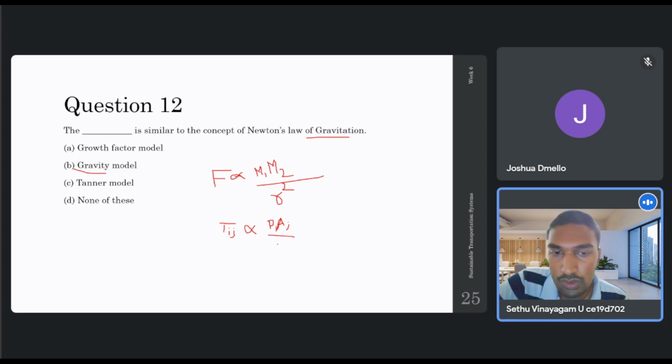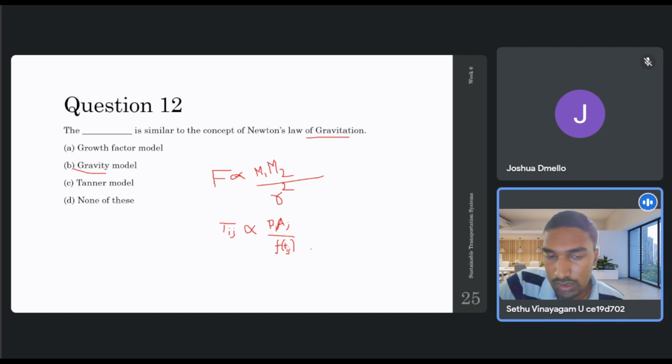So it is directly proportional to that and inversely proportional to some function f of small t_ij. Okay, so what is this small t_ij? Small t_ij is nothing but the travel cost, right? Generally we'll use travel time as one of the cost factors, but there could be other factors which can be an impedance to travel, right?